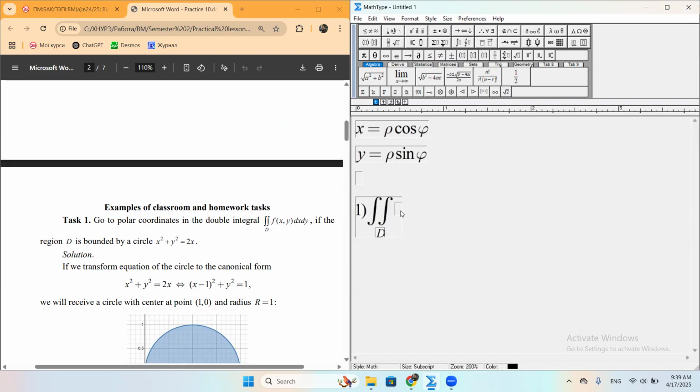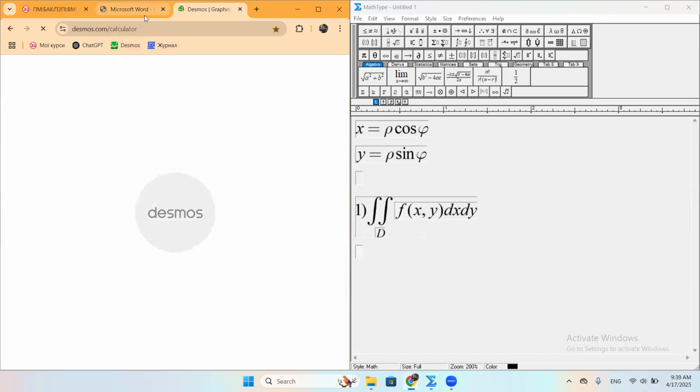It doesn't matter for now, just a function. We just need to go to polar coordinates and define the limits of integration. So first of all, let's plot this region.